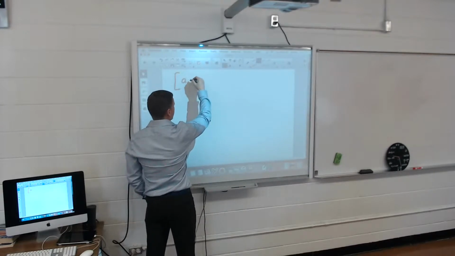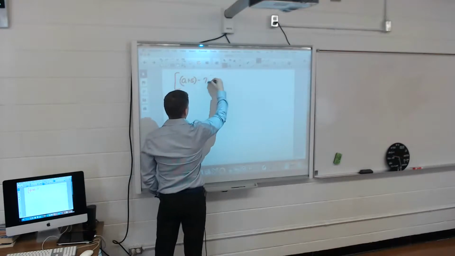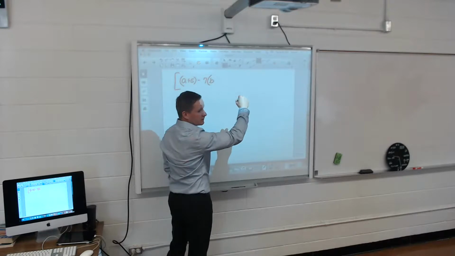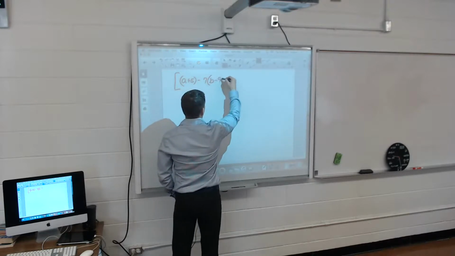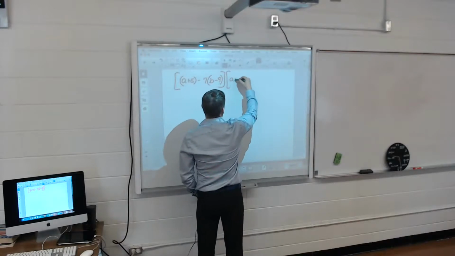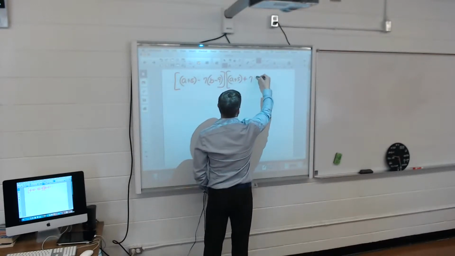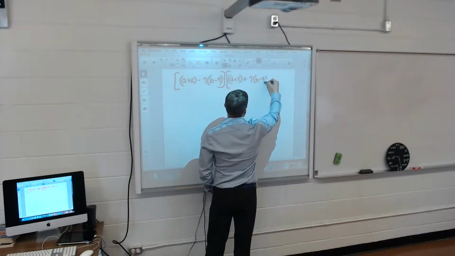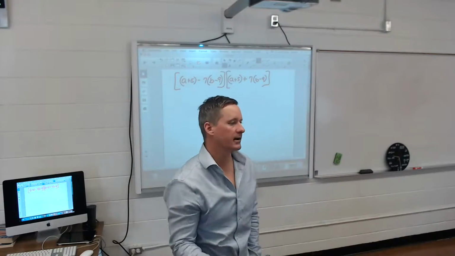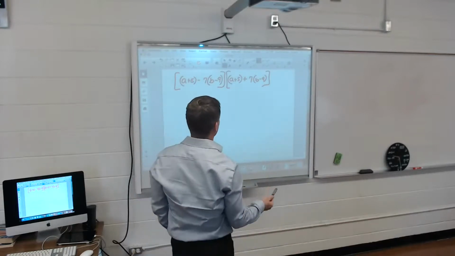What is it, a plus 5, subtract 7, b minus 9. So there's one bracket. And then I have a plus 5, add 7, b minus 9. So it's the square root of the first term, subtract the square root of the second term, times the square root of the first term, add the square root of the next term.